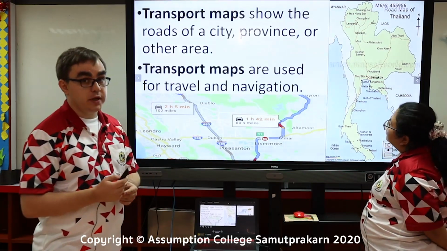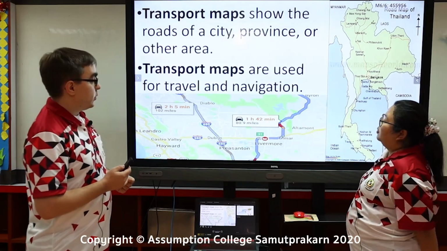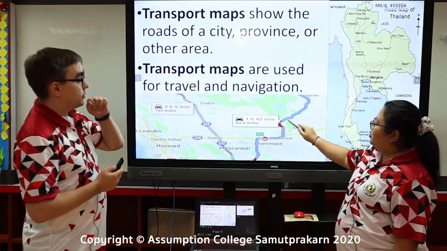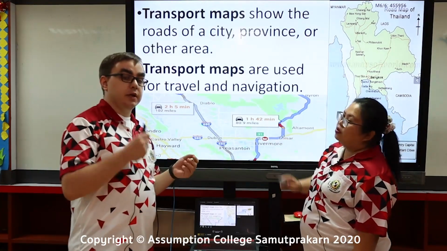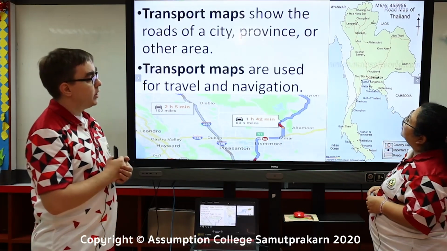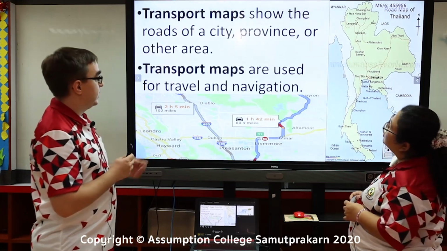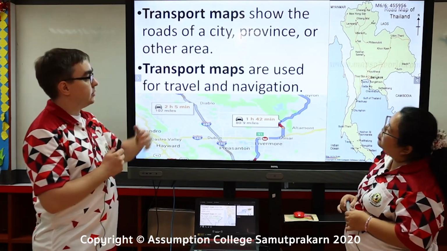They can show us the way to our destinations. For example, if we want to go somewhere in a different city, or even in Bangkok or Samut Prakan, we can find our way with a map. So we use them for travel and navigation.